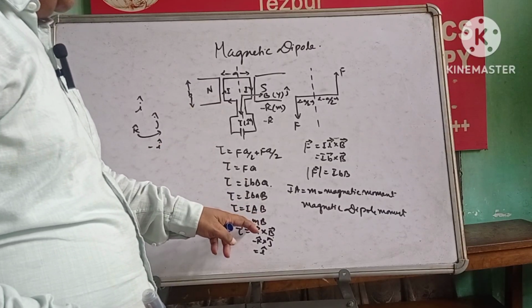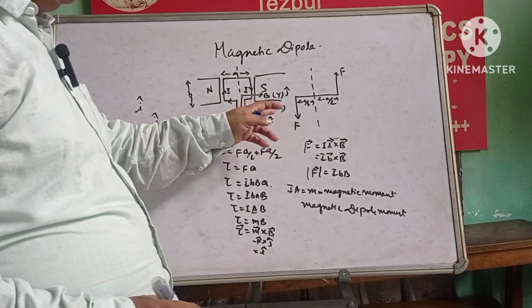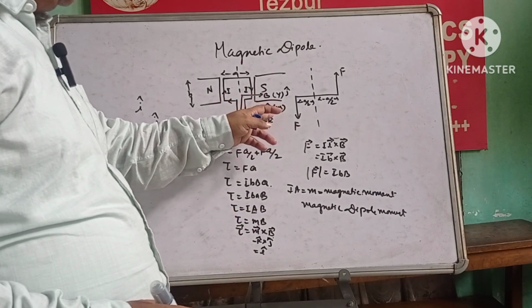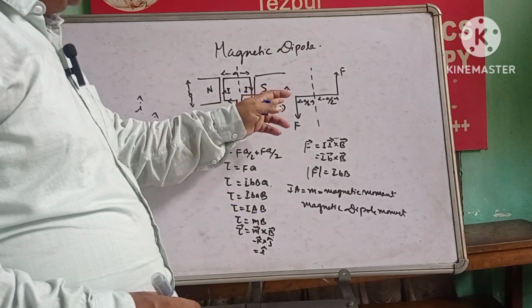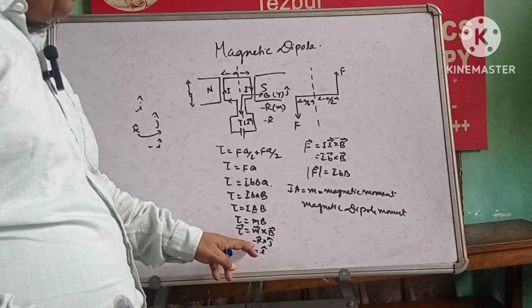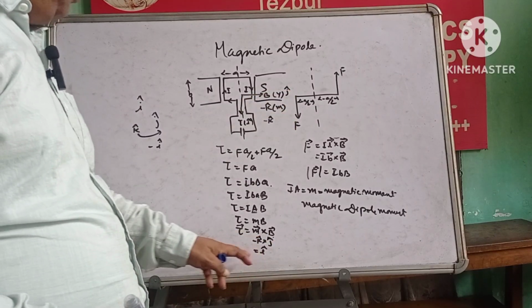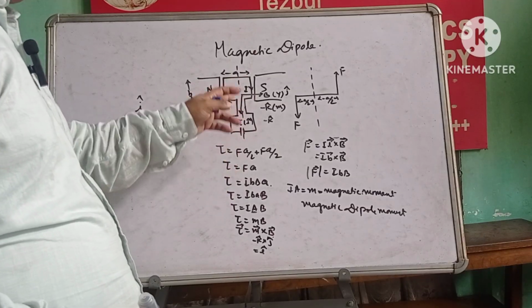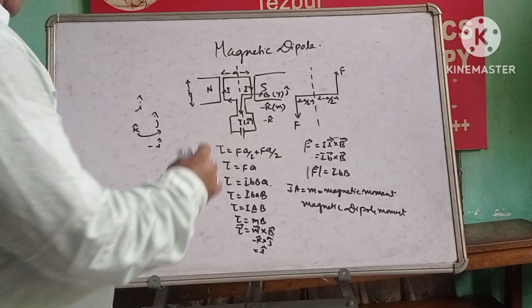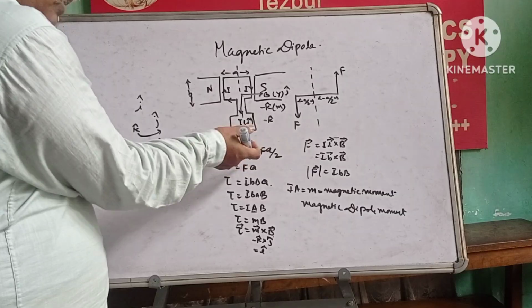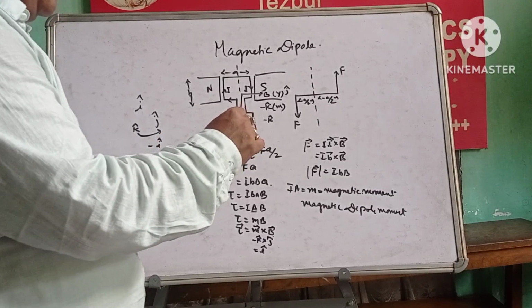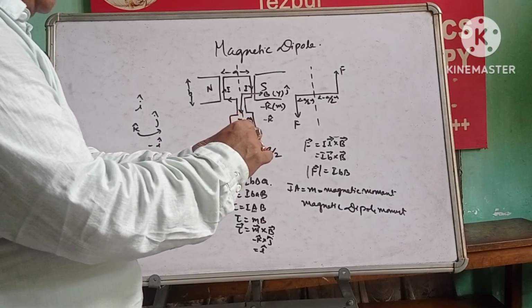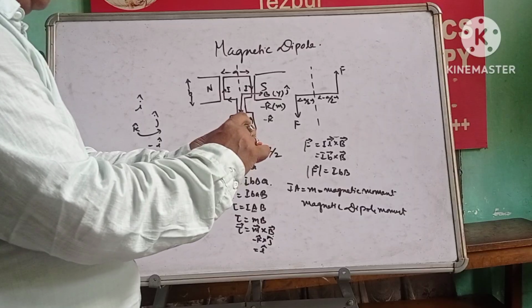So this area will be in minus k cap, and the magnetic field is in j cap. So minus k cap cross j cap will be i cap, that is along the x-axis. So the torque will be along the x-axis, and this torque will rotate the coil like this.